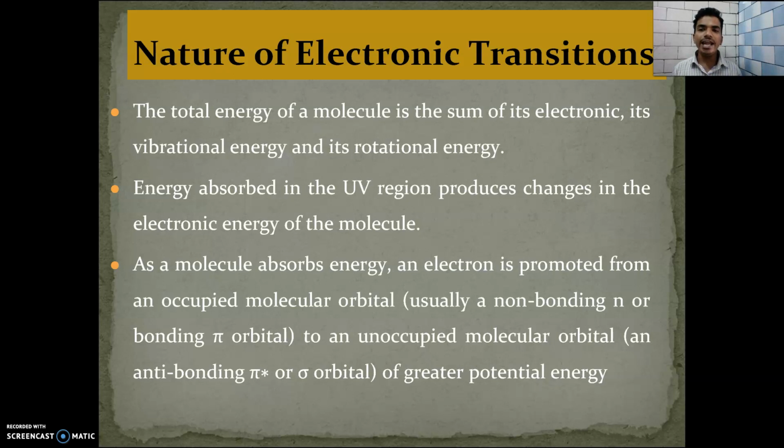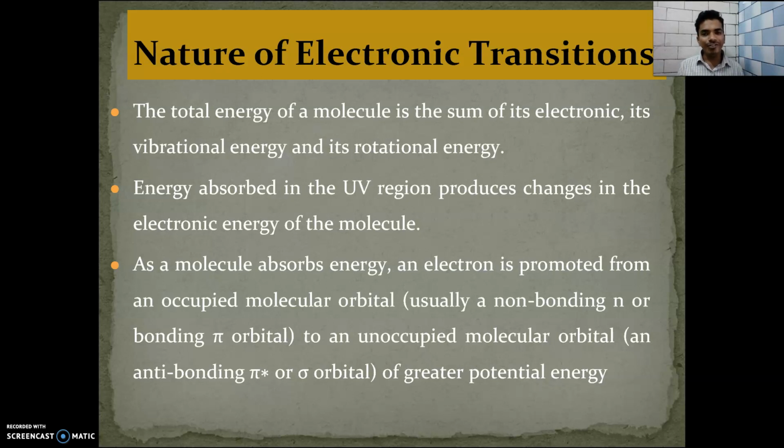Energy absorbed from UV radiation produces a change in the electronic energy of the molecule. As the molecule absorbs the energy, an electron is promoted from an occupied molecular orbital, usually a non-bonding n or a bonding pi orbital, to an unoccupied molecular orbital of greater potential energy.